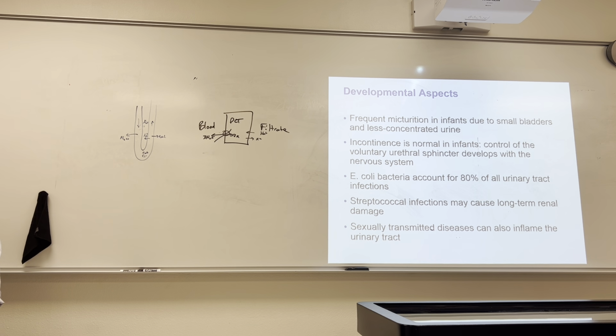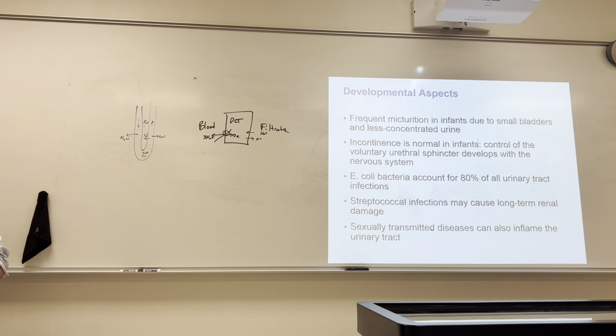For adults, urinary tract infections are not terribly uncommon. Mostly they'll be in the bladder, and most of those will be E. coli. Any other bacteria may cause long-term damage, especially if it makes its way all the way to the kidney.